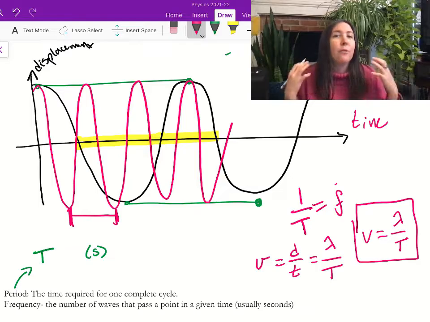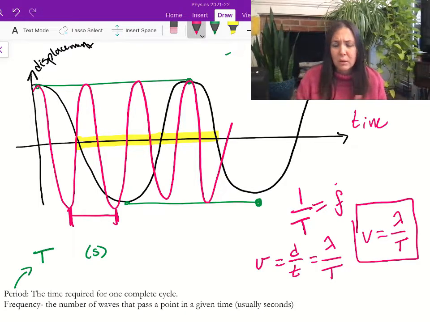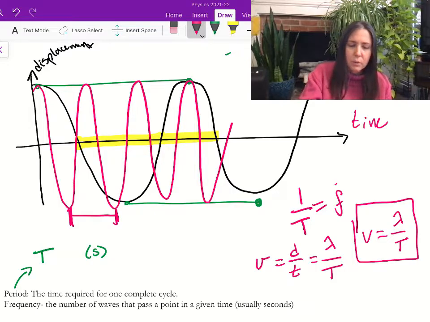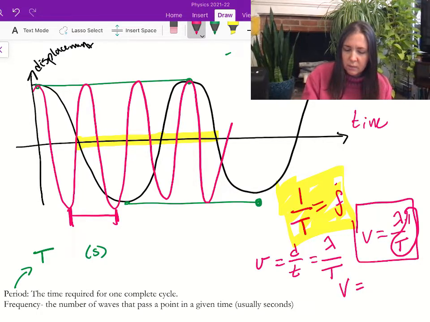So we think frequency when we think about sound rather than period. Because frequency is 1 over the period, I can exchange that for frequency. So the velocity of the wave is just the wavelength times the frequency.